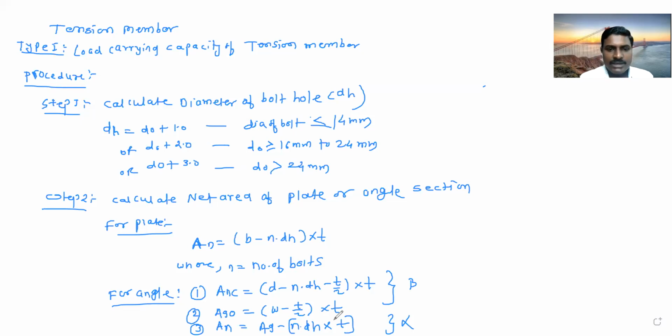Ag minus, in bracket, N into DH, into T. Okay, so this is for Anc and Ago for beta, and An is for alpha. So this is your second step.